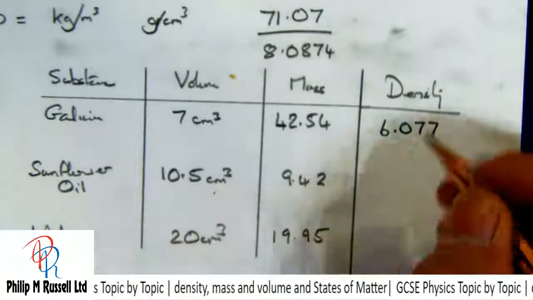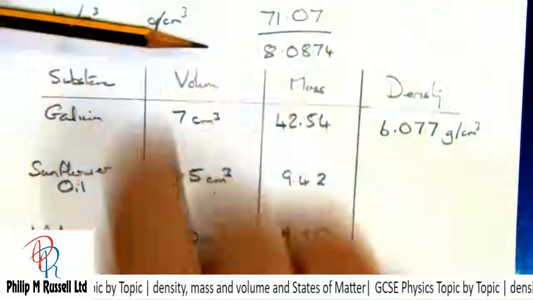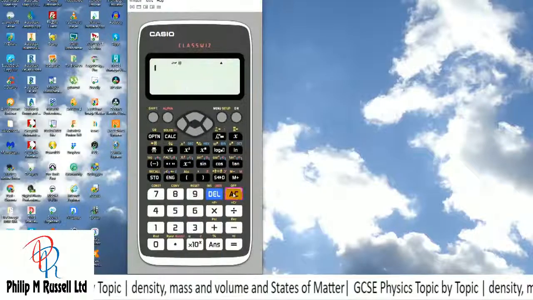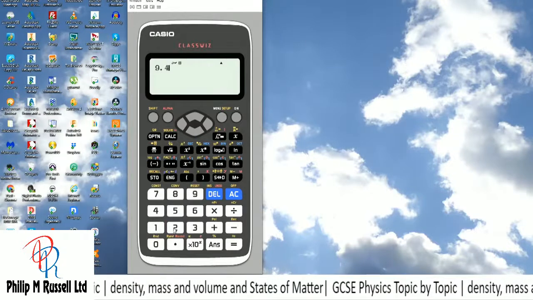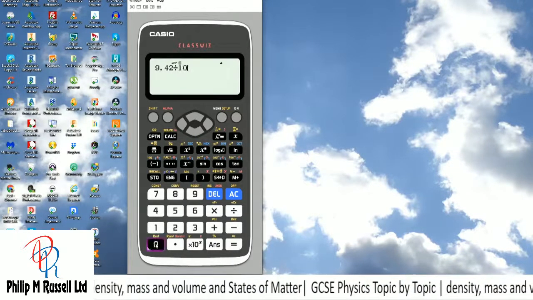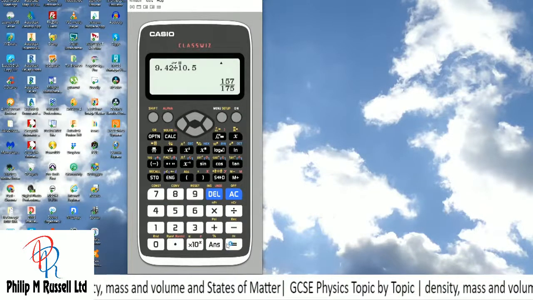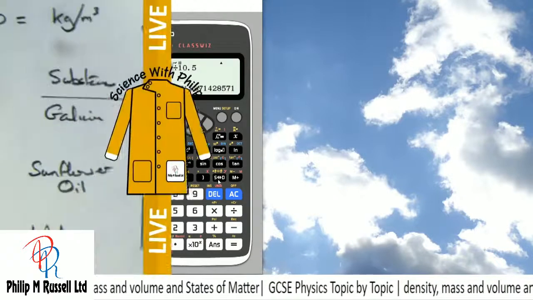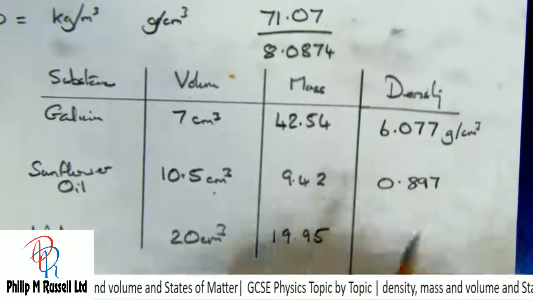Working out the next one, which is sunflower oil, we've got the mass here, which is 9.42, and we're going to divide that by its volume, which was 10.5, as best I could manage, and that's going to give us a density of 0.897.